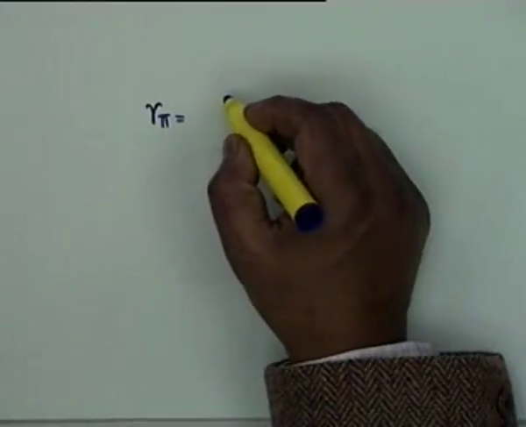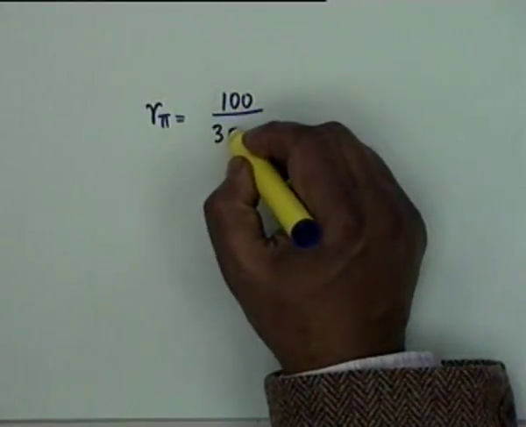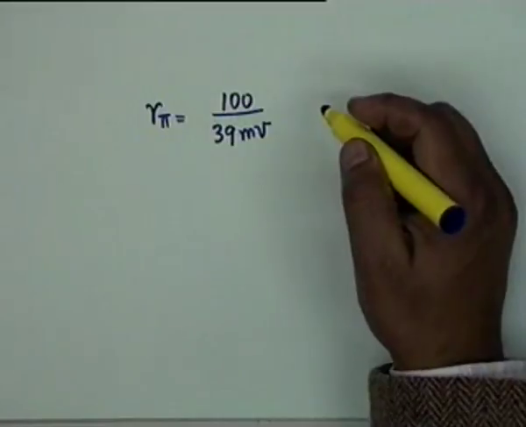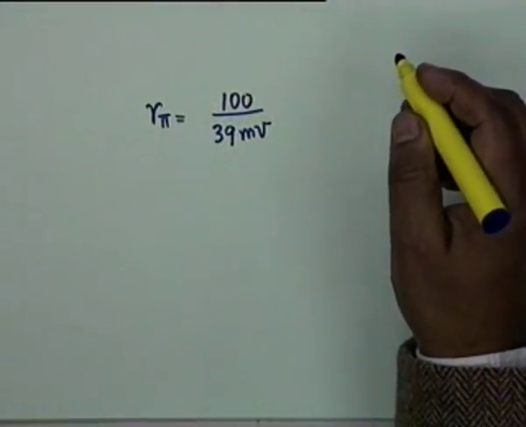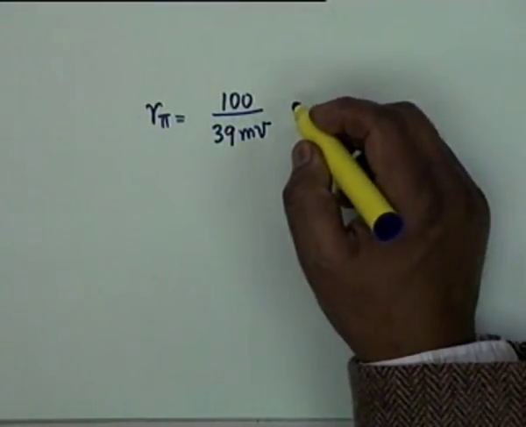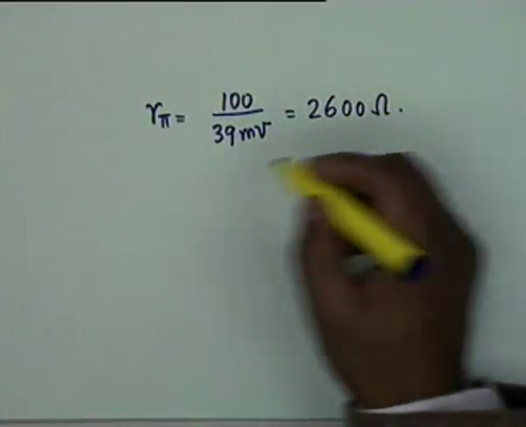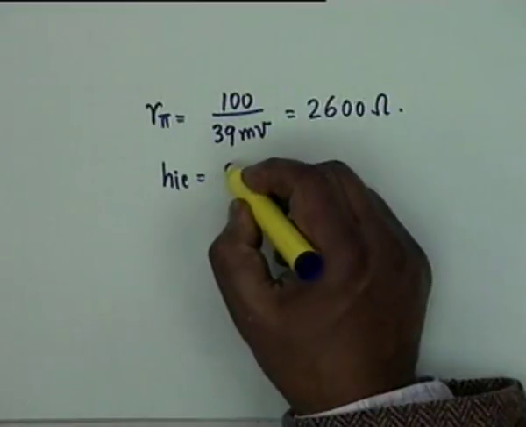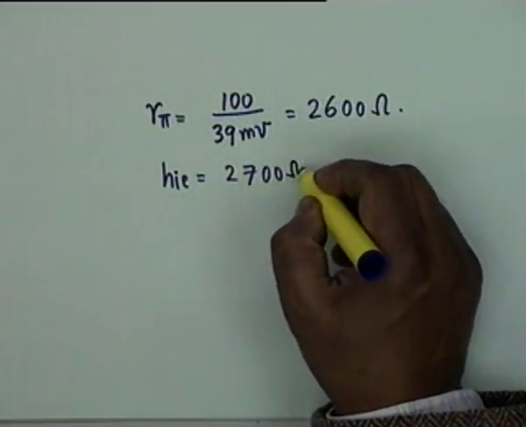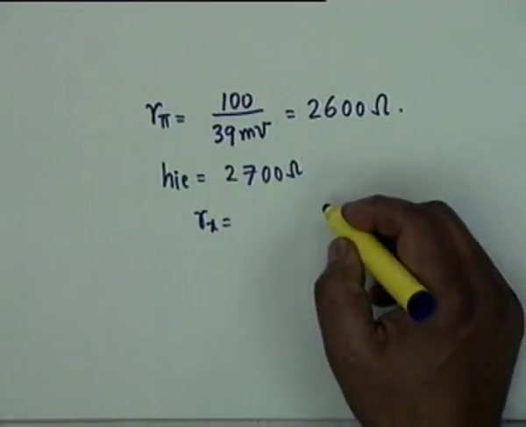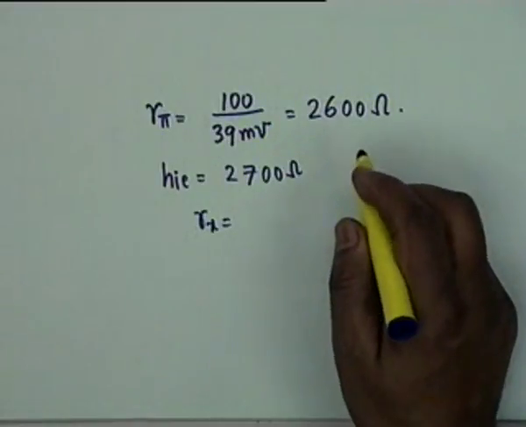R pi is equal to 100 divided by 39 millimhos. Please take care of the dimensions, don't make a mistake, and this comes out as 2600 ohms. HIE has been given as 2700 ohms, therefore Rx is equal to simply 100 ohms.